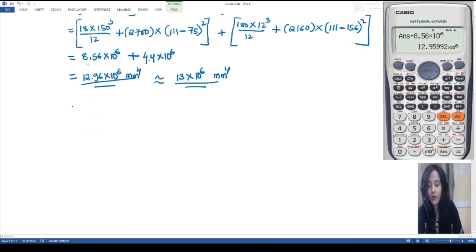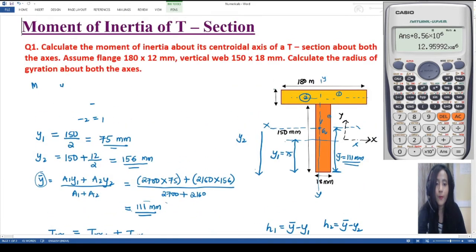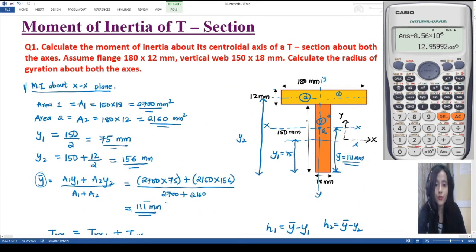Now let's find the moment of inertia about Iyy. It will be equal to the moment of inertia of the first section plus the moment of inertia of the second section, which is the web portion and flange portion. So here it will be dB cube by 12 plus dB cube by 12. How much is my depth D for my web? The depth of this web portion is 150 and its width is 18.